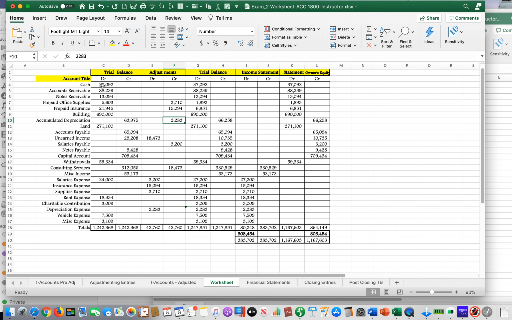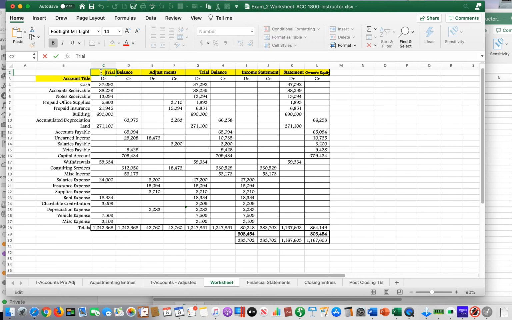Now on exam 2, again, this is the chart of accounts right here on the left-hand side. And they'll be in the proper order. Okay. Now that we've made the adjustments, we've recorded the adjustments, now we got to come up with an adjusted trial balance. The first trial balance is an unadjusted trial balance.